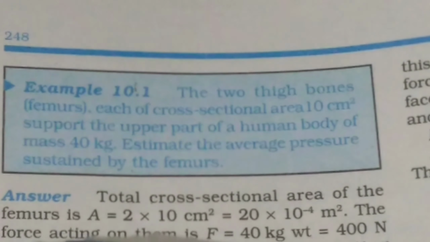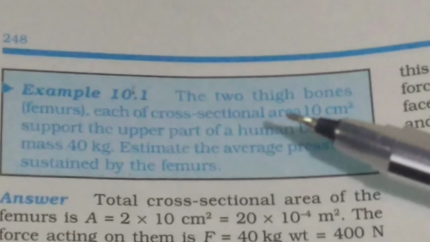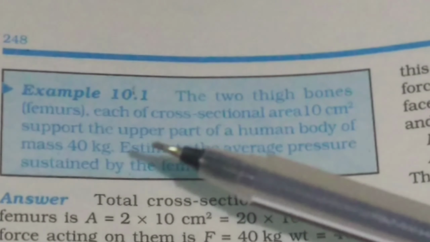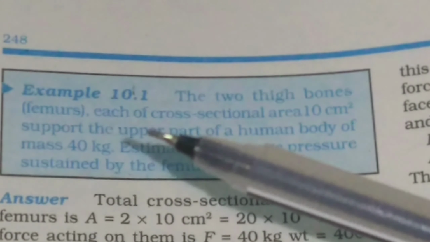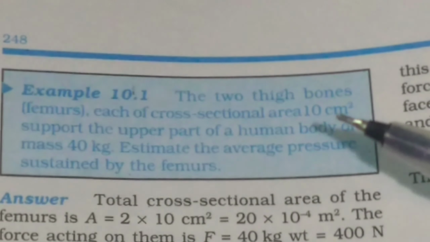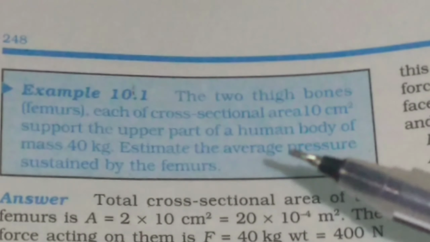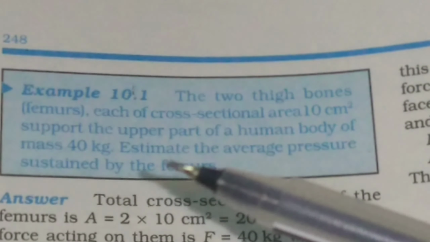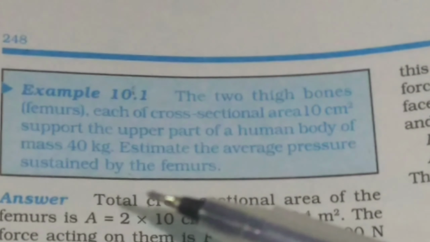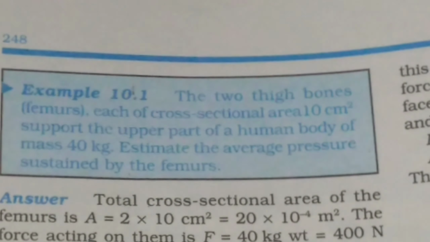Now let us work out a very interesting problem. The two thigh bones, that is the femurs, each of cross-sectional area 10 centimeter square, support the upper part of a human body of mass 40 kg. Estimate the average pressure sustained by the femurs.